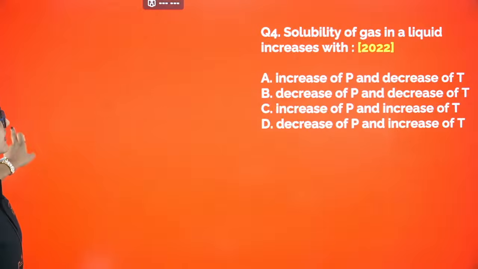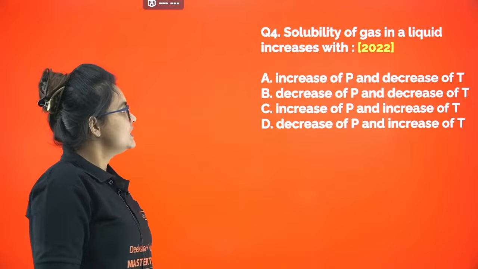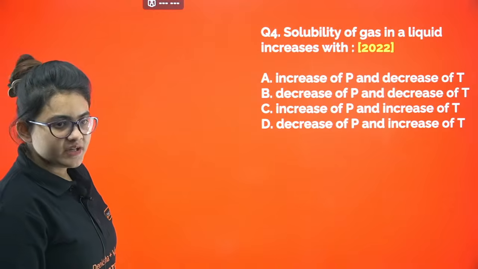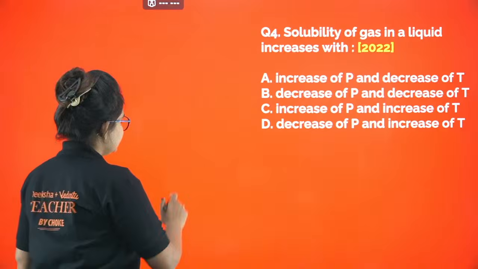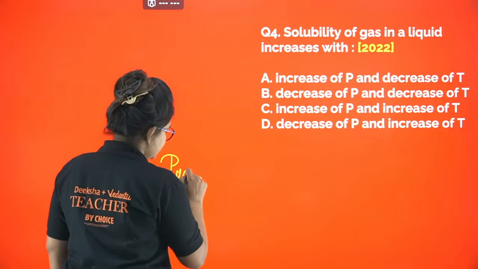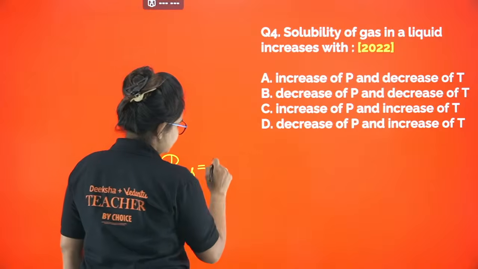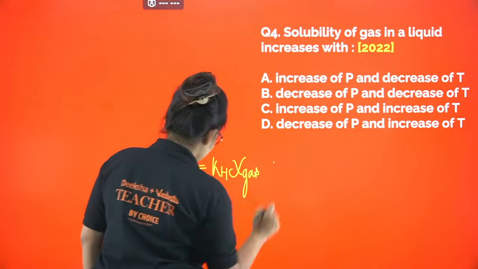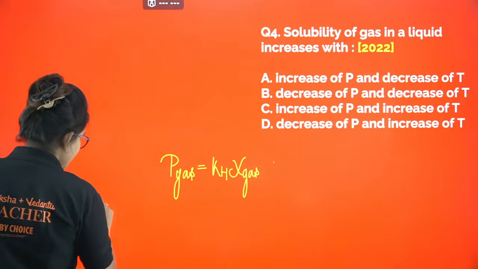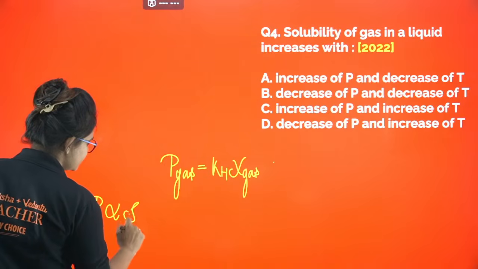Let's proceed further. Here you can see, solubility of a gas in a liquid increases with pressure, and we have to find out the temperature relation. Basically, if you look at Henry's equation, pressure of gas is equal to kH into mole fraction of gas, right? So pressure is directly proportional to solubility.